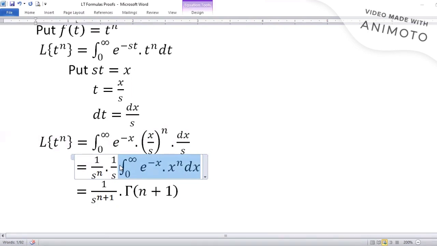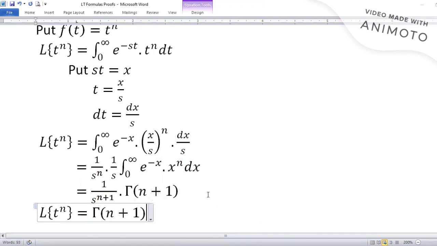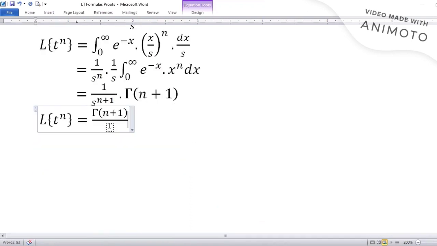This is what we have learned in maths 2. Diploma students haven't learned it in maths 2, but they can now take it directly. All integrals of this category, 0 to infinity, e raised to minus x, x raised to n dx, are actually gamma n plus 1. So we have got our answer: Laplace of t raised to n is equal to gamma n plus 1 in the numerator and s raised to n plus 1 in the denominator.